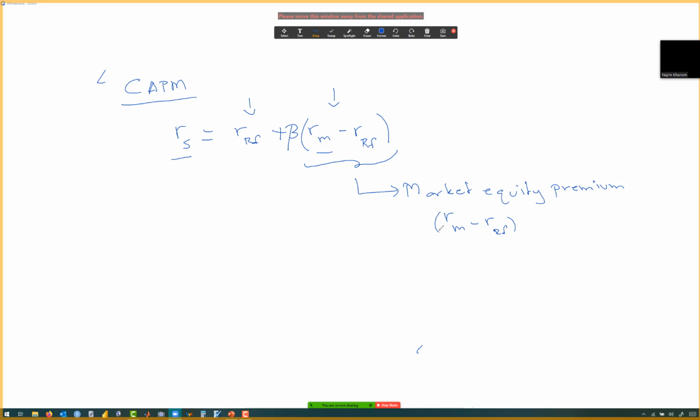Okay? So that's the capital asset pricing model. That is one way to estimate what the stock's return should be. Again, remember that it is assuming that you are holding a well-diversified portfolio, so you're not exposed to the idiosyncratic risk of just that company, right? But rather what's important is the total market movement.